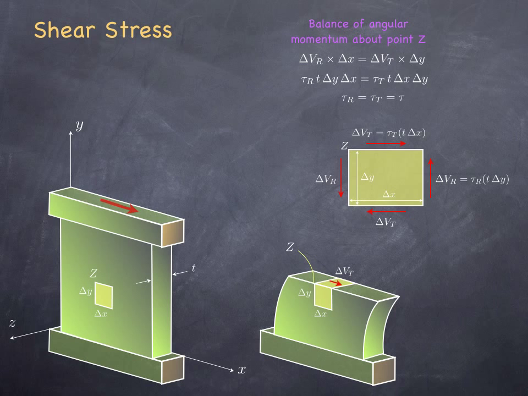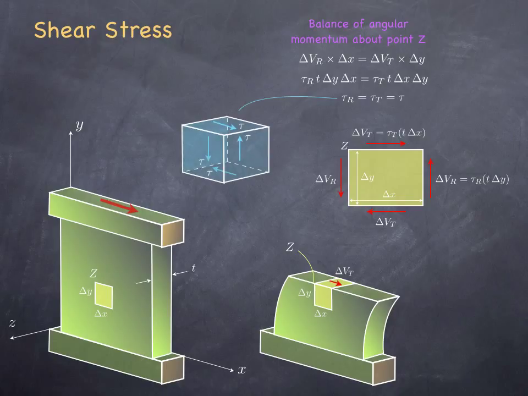So what the balance of angular momentum implies for this little patch is that if I know the shear stress acting on one side of this four-sided patch free body diagram, then I know the magnitudes and directions of all the other three stresses.